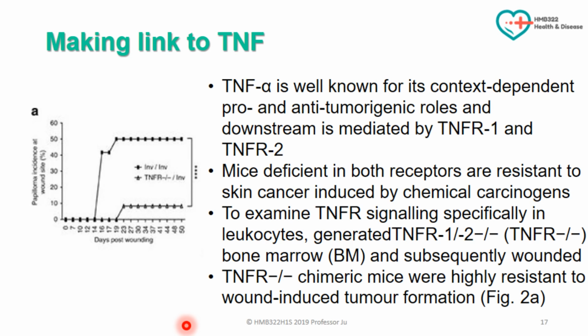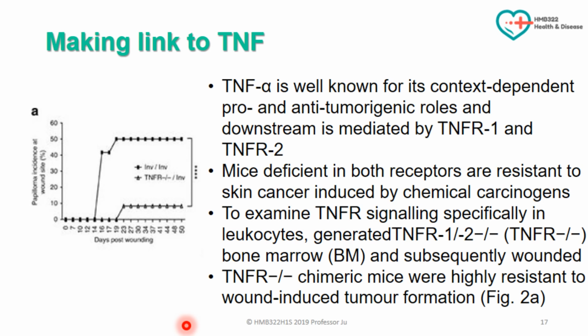And they are crossing these with the in V mice. So the in V mice normally form tumors. And now their white blood cells don't have the tumor necrosis factor receptor. One of the things, again, surprisingly, by knocking out the tumor necrosis factor receptor in the white blood cells, not throughout the whole animal, if you look at the normal progression of things like papillomas, so skin lesions or these benign tumors after you have wounded them.